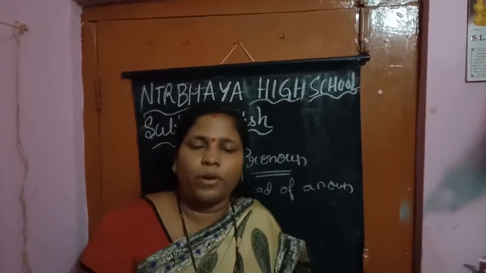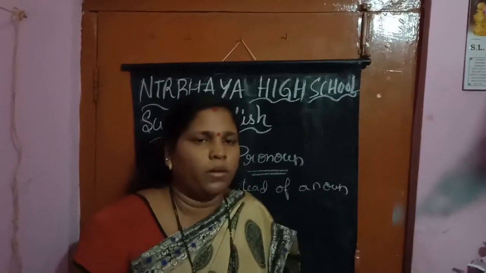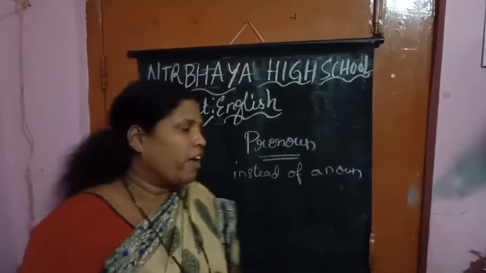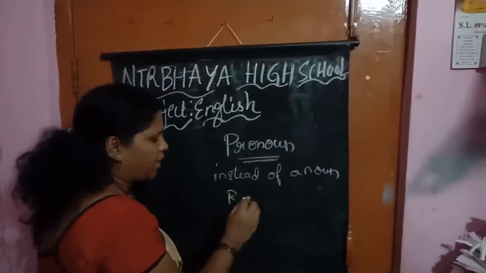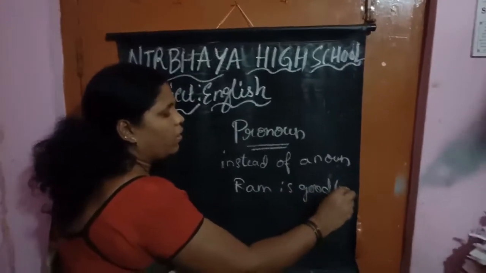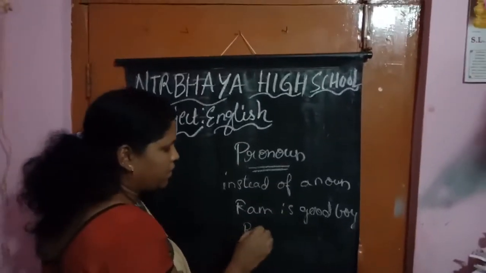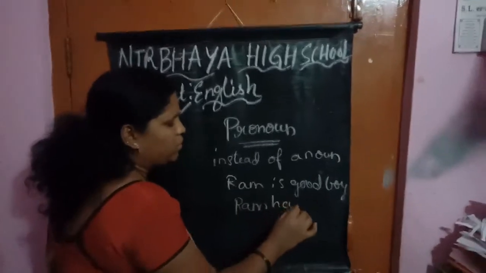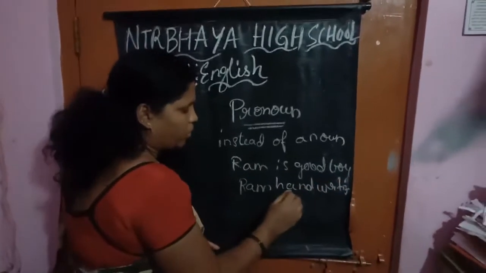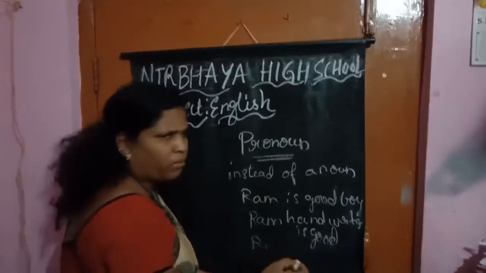Now, for example, I said Ram is a good boy. I'm talking about Ram now. Ram is a good boy. Ram's handwriting is good. Ram is very good. If we talk like that, every time we have to write Ram.